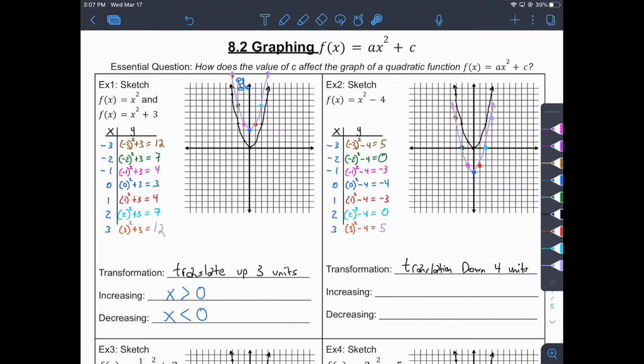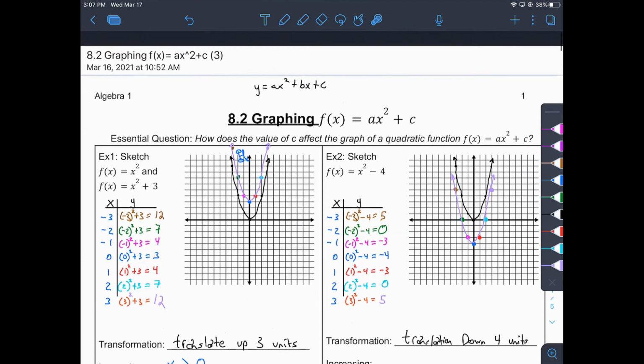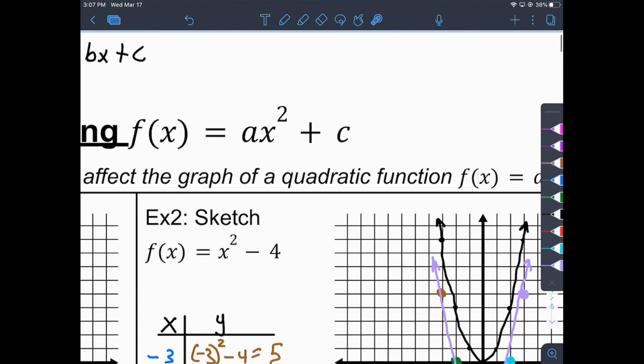And how far does it go? Well, it's exactly the number that C is. So I'm going to write this at the top to finish this off and say that C controls up or down translation.